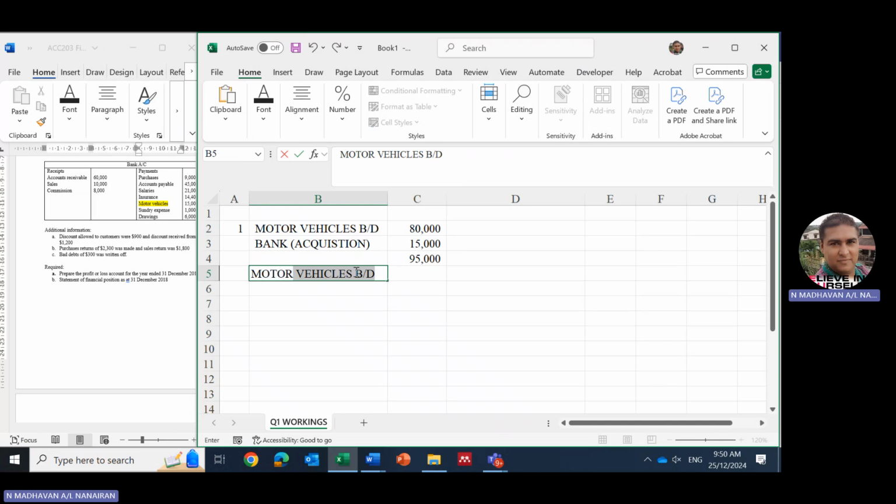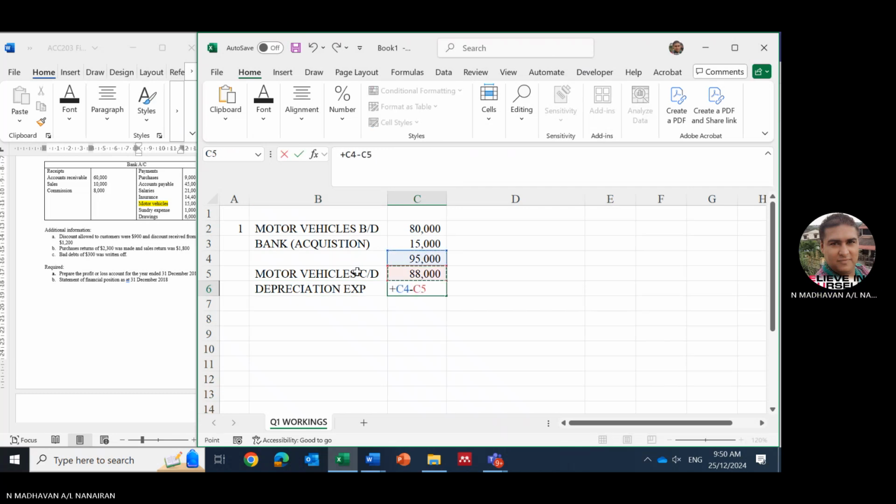Then minus your motor vehicles carried down. How much? 88. So therefore, depreciation expense, how much? 7,000. And accumulated is also 7,000.